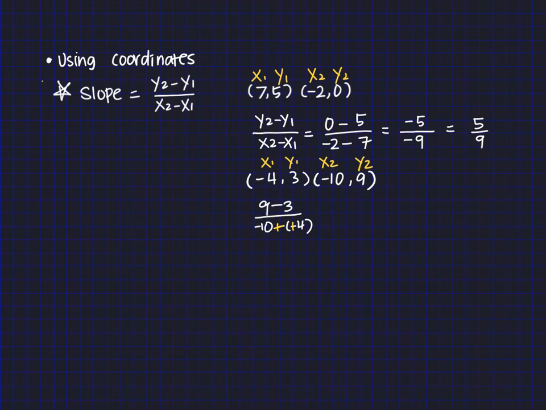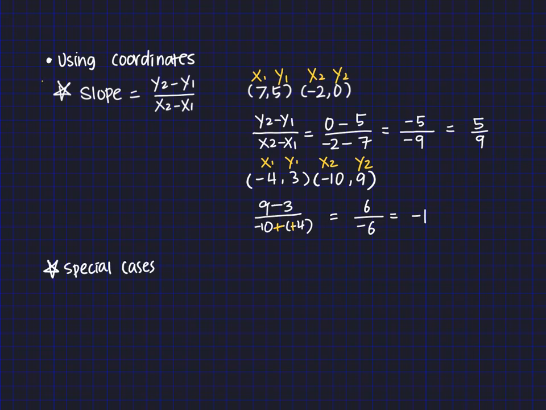You're going to have 9 minus 3, 6, over negative 10 plus 4. So you're going to have still a negative number, but it's going to be negative 6 instead of negative 14. And 6 over negative 6 is going to be negative 1. So that's going to be your slope.